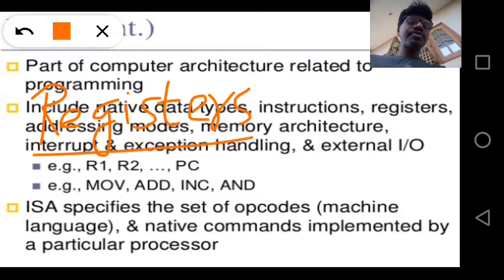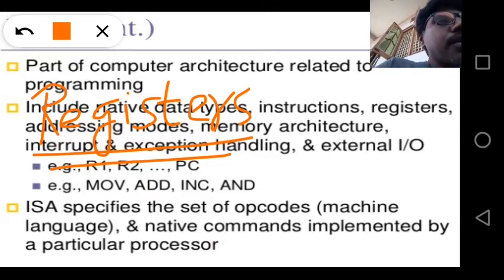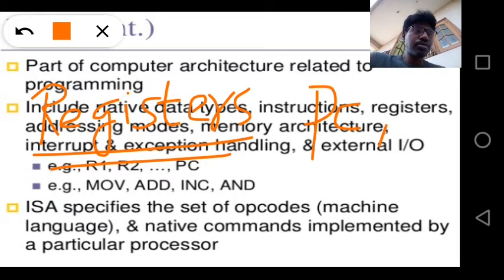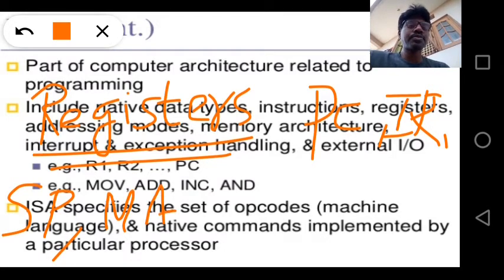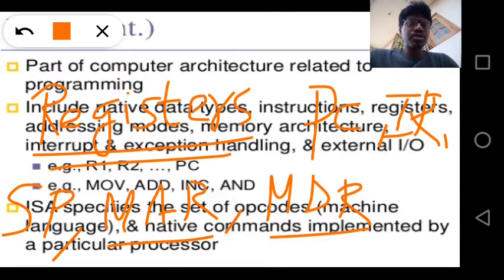When I say registers, they are basically special purpose registers such as the program counter, instruction register, stack pointer register, MAR register and MDR register. Like that, we have different types of registers, and of course addressing modes.